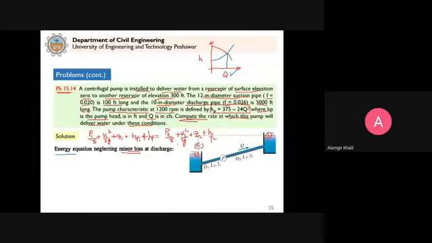So now in this equation you can see at 1, P1 by gamma is 0. At 1 the velocity is very small as compared to the pipe flow, so this is 0. Similarly at point 2, P2 by gamma is 0, and here the velocity is very small, so these are all zeros. Clear?